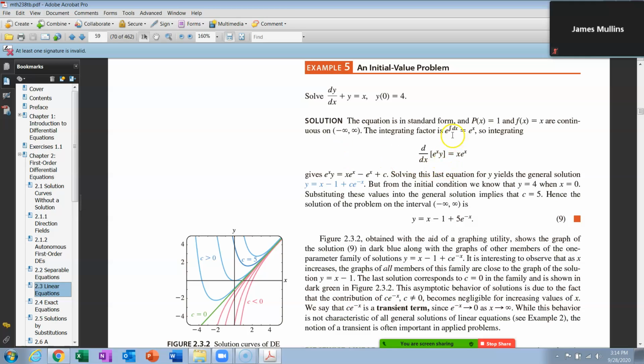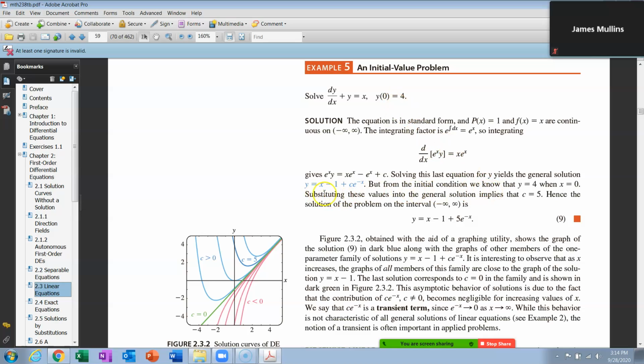Integrating factor is e to the x, and when you multiply that by both sides, you find this exactly like we found, and that gives you e to the x times y is equal to, they didn't show the integration, but we did integration by parts here, x e to the x minus e to the x plus some constant c.